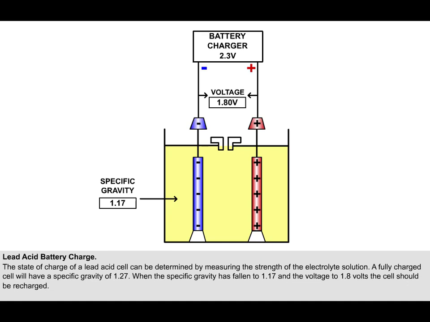To charge a cell, it is connected to a battery charger, which applies a slightly higher voltage to the cell and causes current to flow in the reverse direction through the cell. The current flow causes the chemical constitution of the electrolyte to change, producing an increase in its specific gravity back to 1.27.